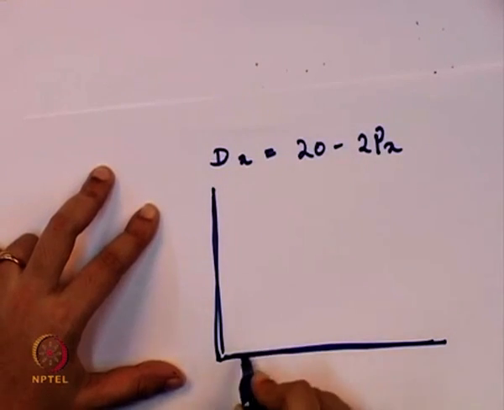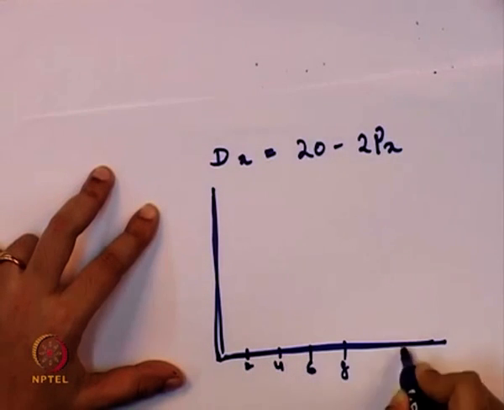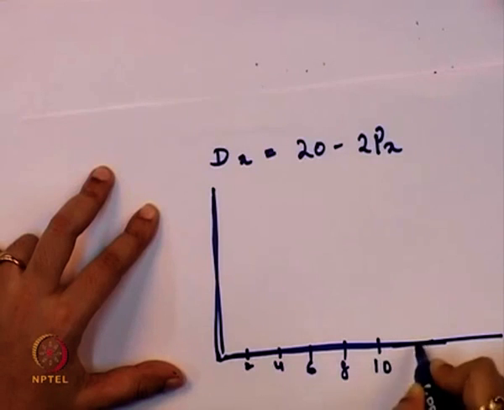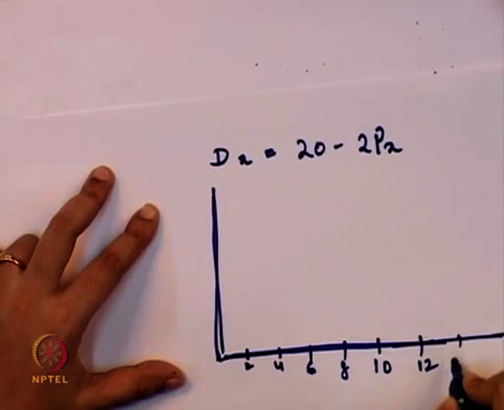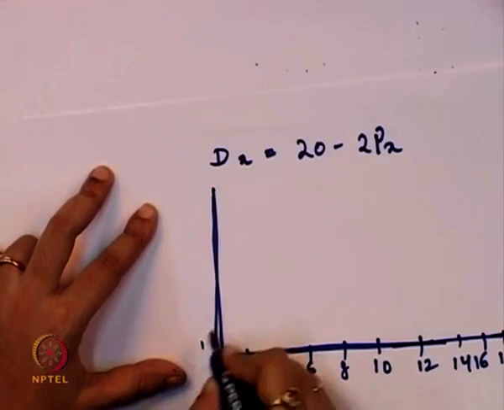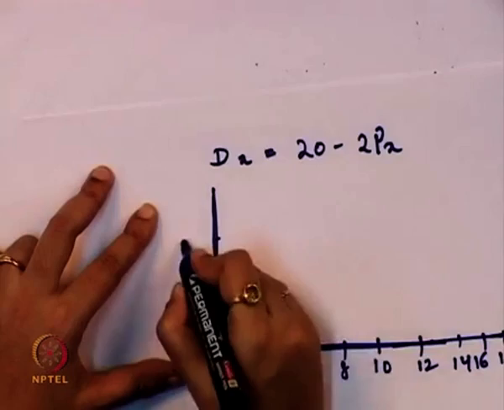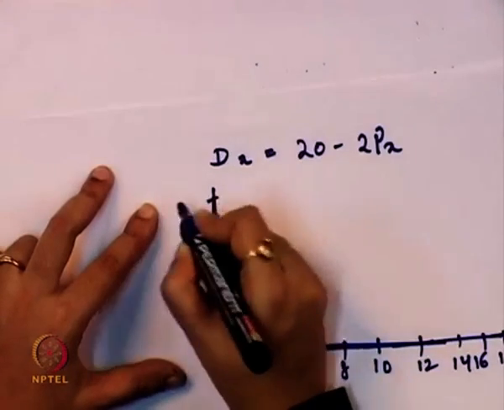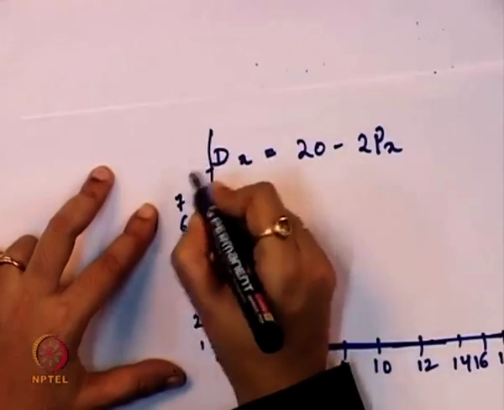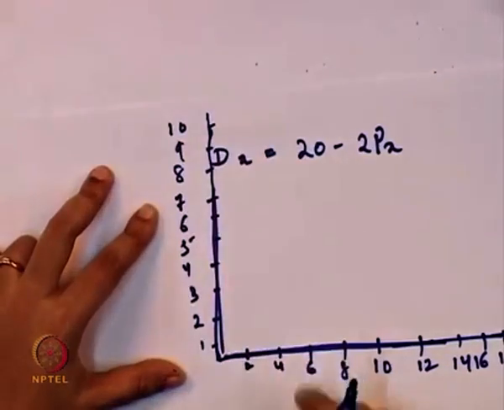Let us say this axis is 2, 4, 6, 8, 10, 12, 14, 16, 18 and 20. And similarly, here we can say 1, 2, 3, 4, 5, 6, 7, 8, 9 and 10.